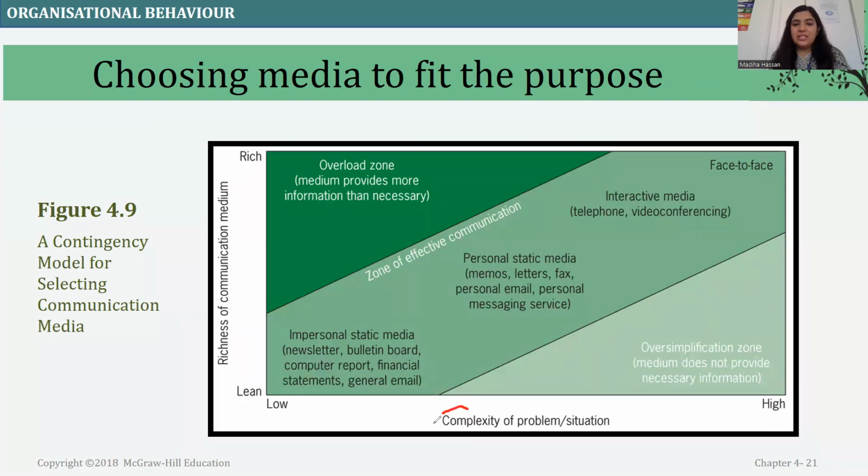If the complexity of the problem is low and the richness of the communication medium is lean, then we need to use impersonal media like bulletin boards and newsletters. If the complexity of the situation is high and the richness of the communication medium is rich, then we need to have face to face communication. Face to face meetings are always really important.